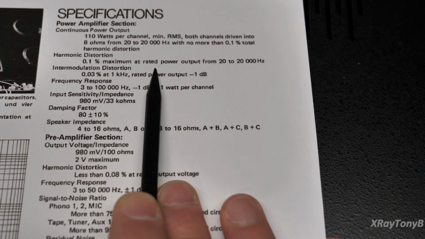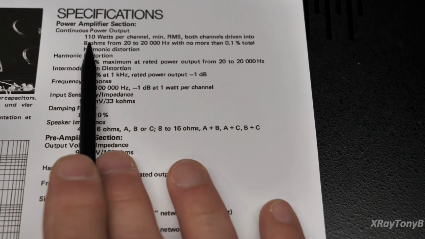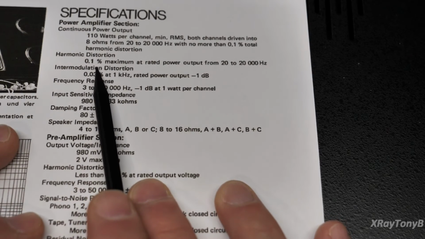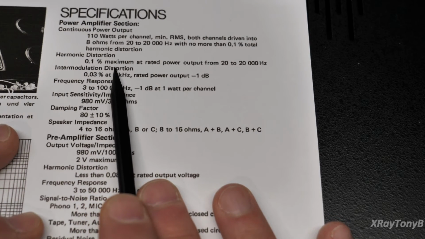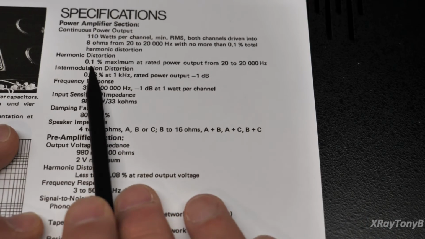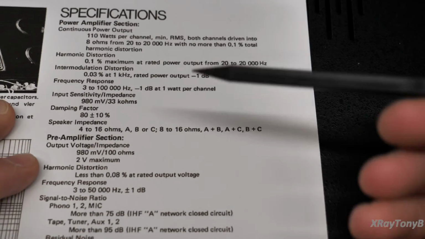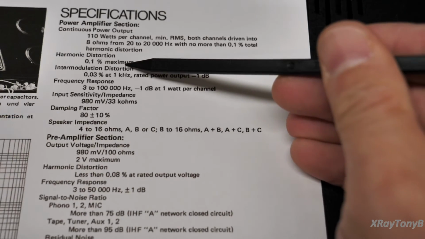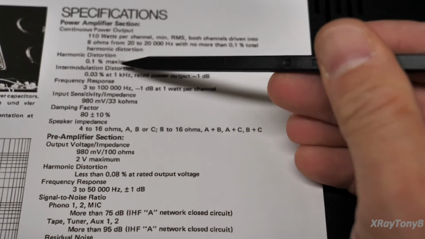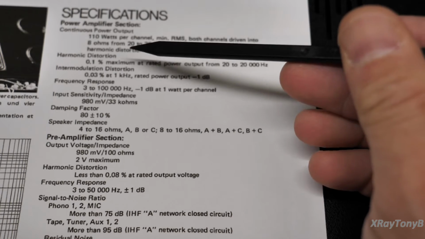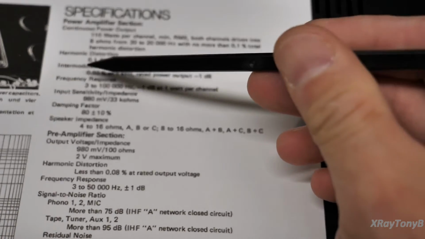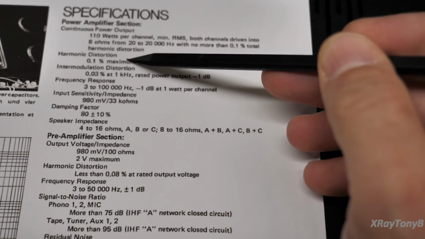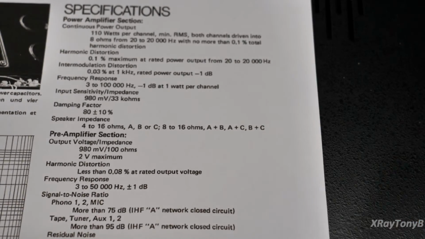What that means is at 110 watts, it should only be 0.1% distortion maximum, at rated power. It should be that or lower. That is definitely not what we're getting from either channel. One channel seems to be a little better than the other, but we are certainly exceeding this at least somewhat when we hit that 110 watts per channel.